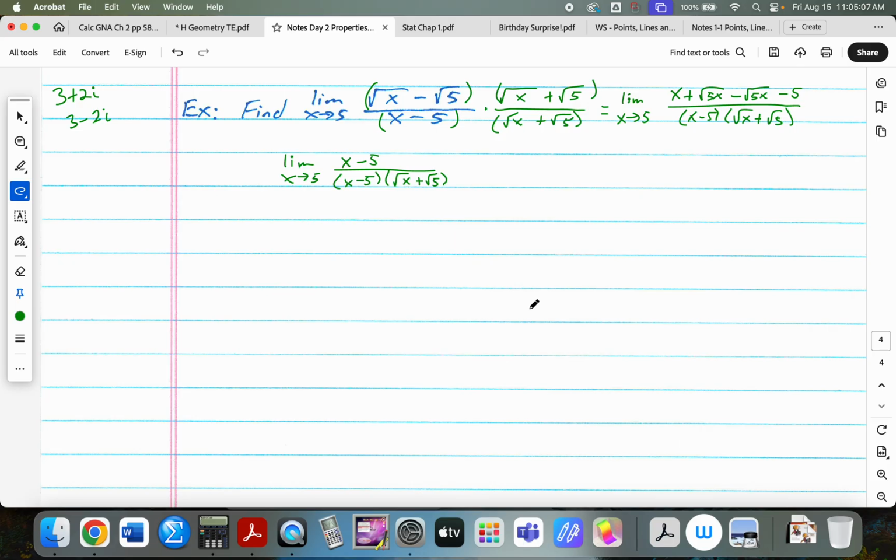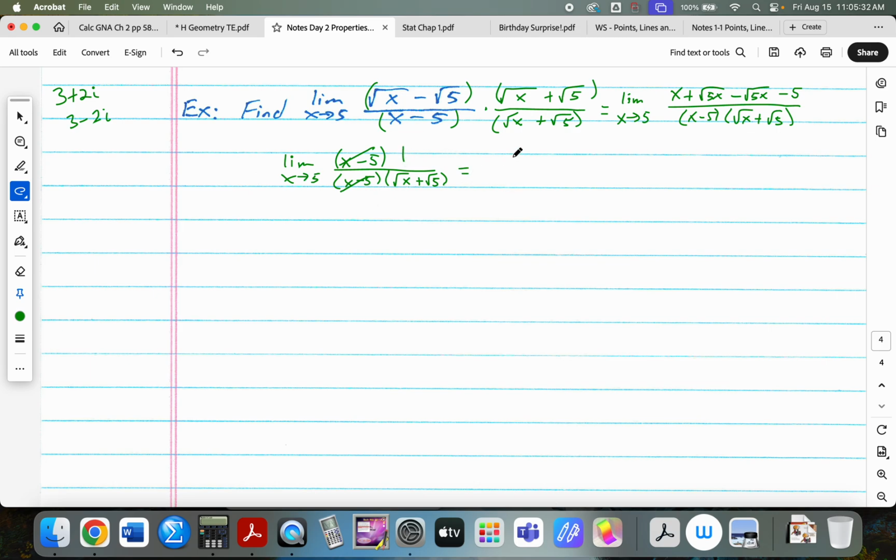What do you see that I can do now to simplify this? Yeah, let's not say scratch out. Let's say divide out. Now, is this equivalent to the original expression anymore? No. But it is equivalent to the original expression everywhere except at x equals 5, which is why we can do this.